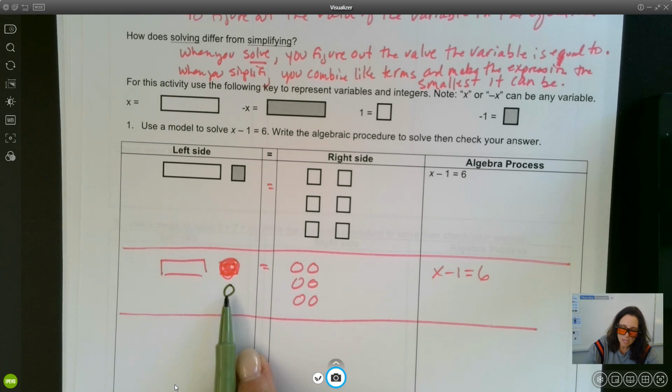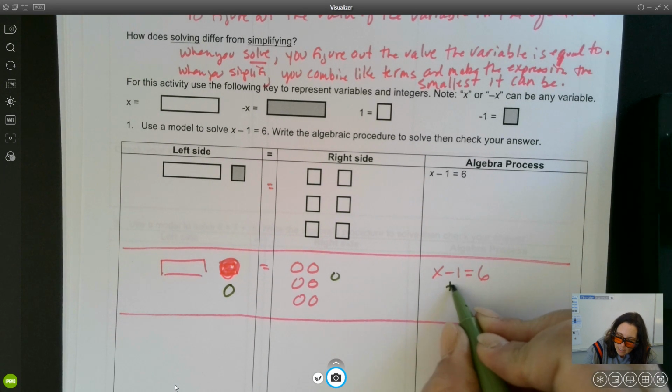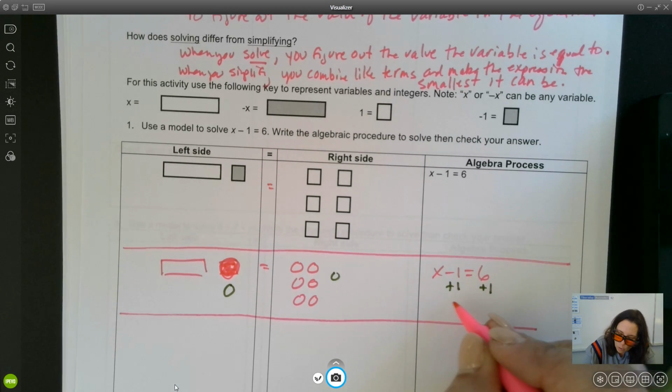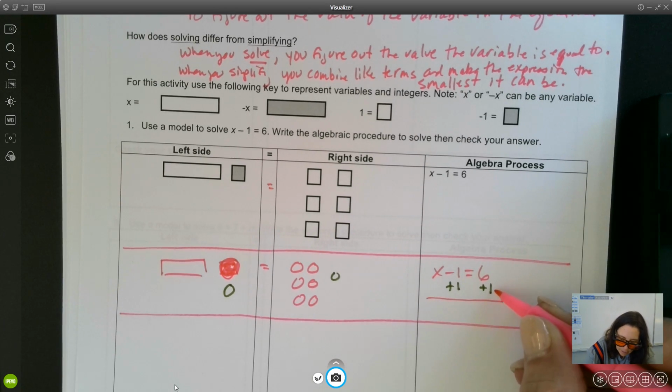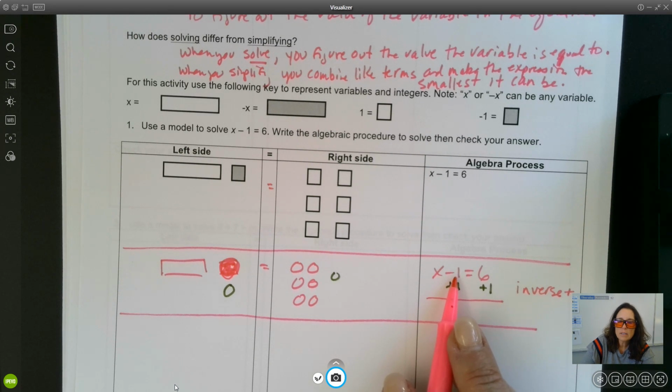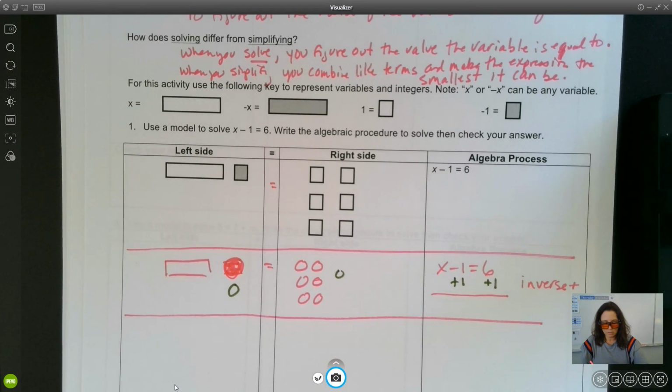If I do it to this side, I better do it to this side, which means I do it here and I do it here. I hope that you understand right here, this is the inverse of addition. If you have a negative 1, the inverse of addition is a positive 1. That helped us solve this equation.